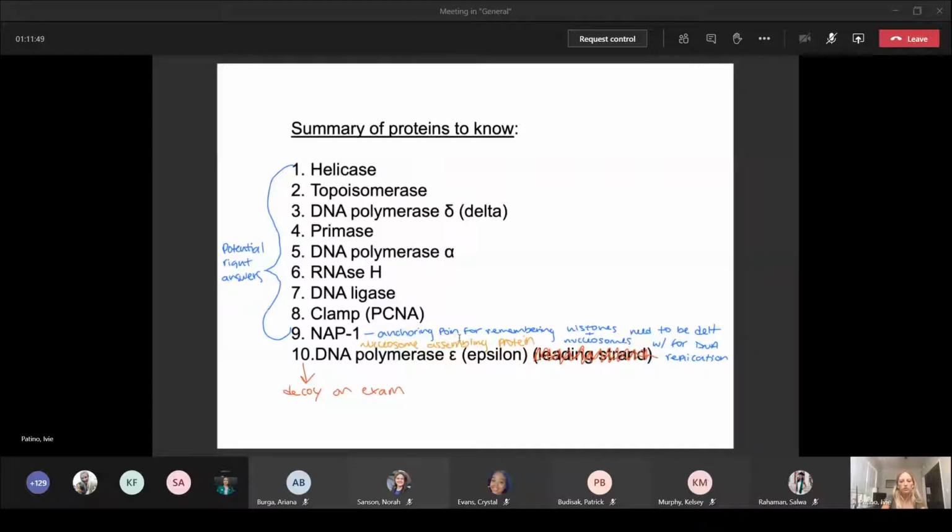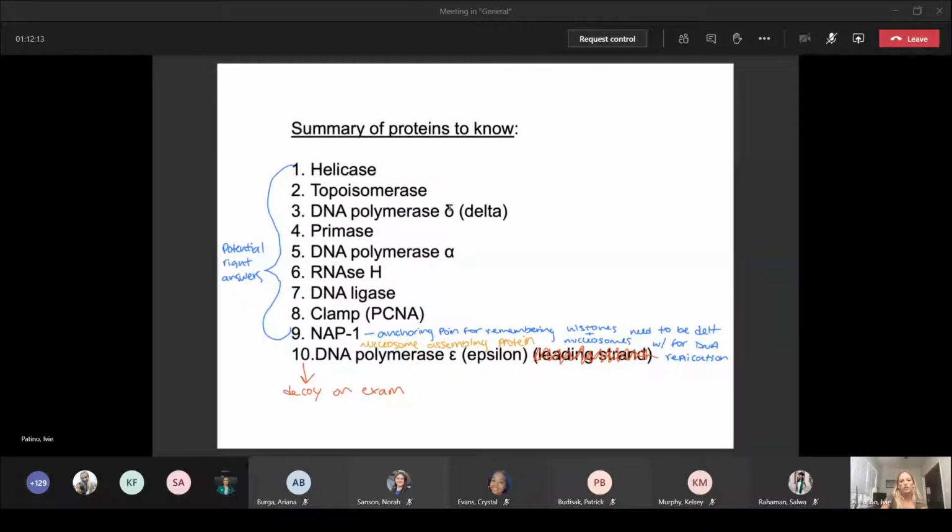So there's supposed to be a T there. It's our anchoring point for remembering histones and nucleosomes need to be dealt with for DNA replication. And these are all potential right answers on your exam. And then again, DNA polymerase epsilon is a decoy on the exam. So just don't get tricked by that.